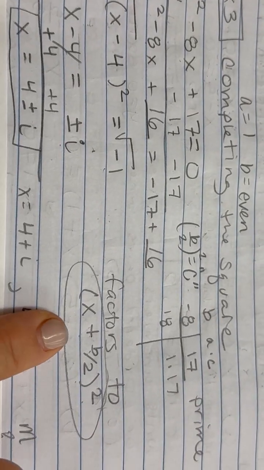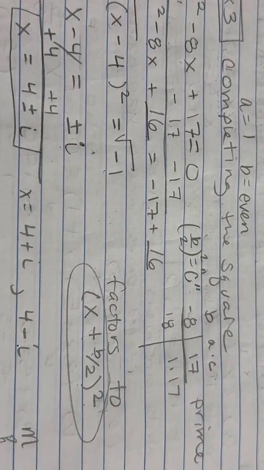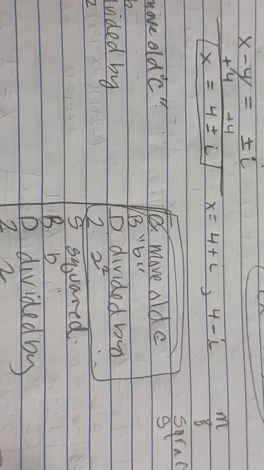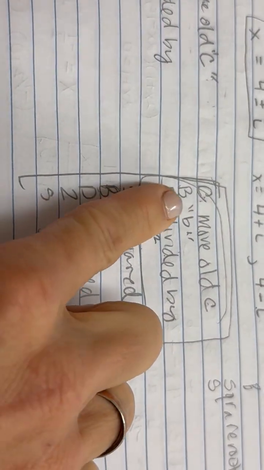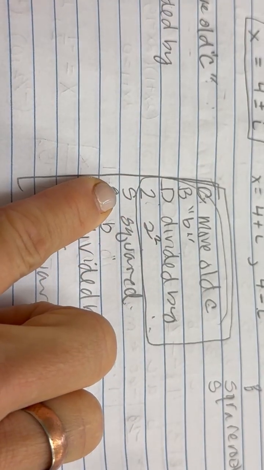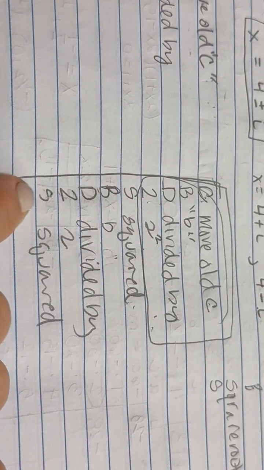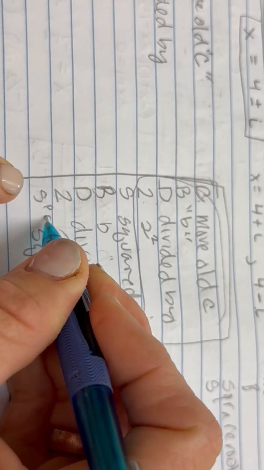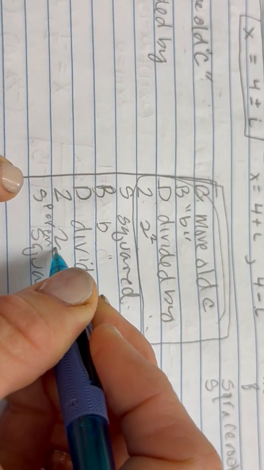And then here's the little hint for factoring it. So this is the whole process. We have a little acronym to help you remember, CBD2S, CBD2, and then I'm supposed to put P for parentheses.